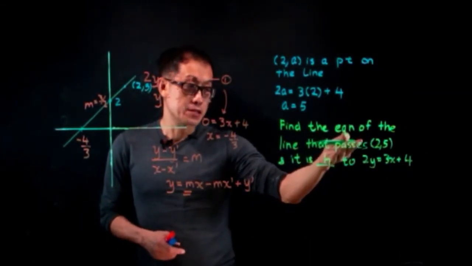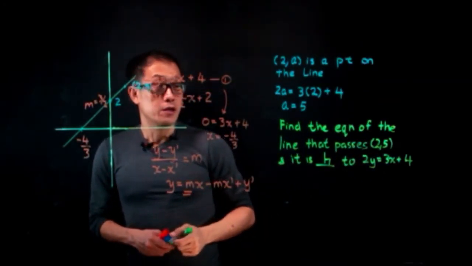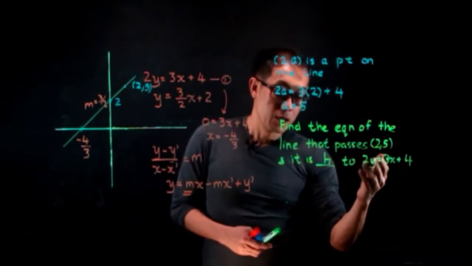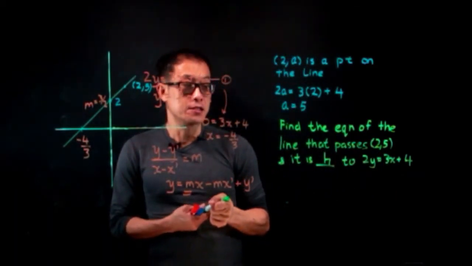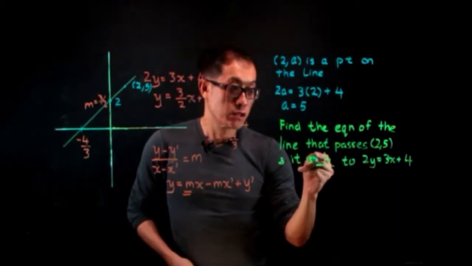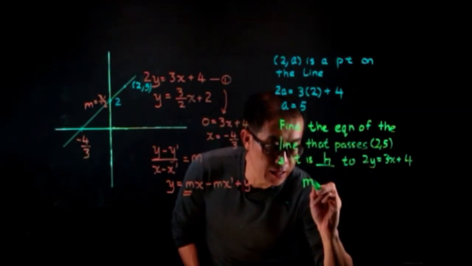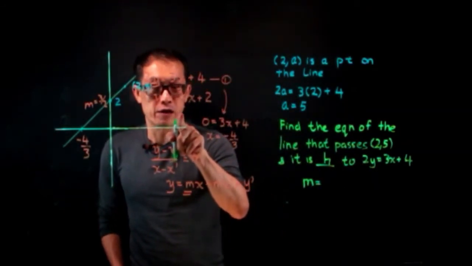Of the line that passes through (2, 5) and is perpendicular to the line with gradient 3 over 2. Now you learned earlier, the gradient of the line that is perpendicular to this will be the negative reciprocal of the gradient of this line.